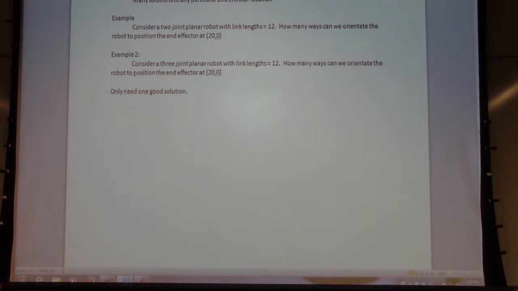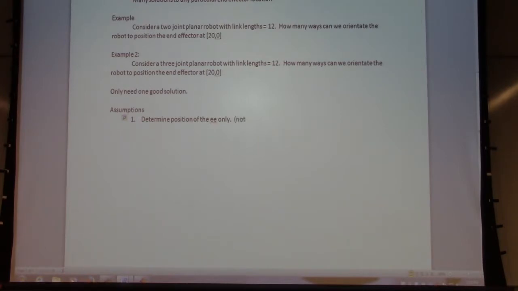And there's a couple things that I need to point out here. And I've already made these points. Actually, no, I haven't. So two things we're going to do in order to simplify our algorithm development is we're going to, number one, determine position of the end effector only.